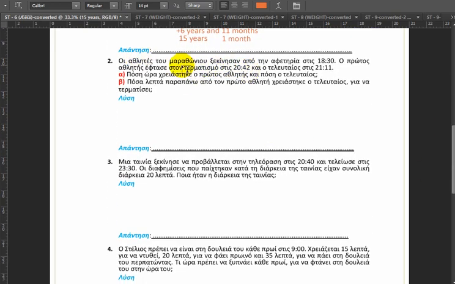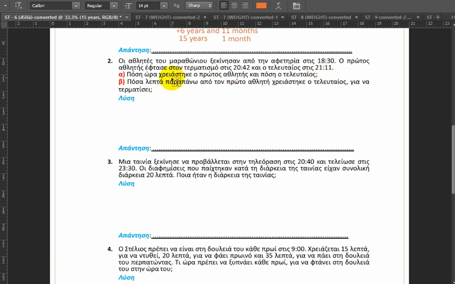Next up, we have some athletes that started their race at 18:30, so 6:30 basically. And the first one reached the finish line at 42 past 20, so 42 past 8. And the last one reached the finish line at 11 past 9.